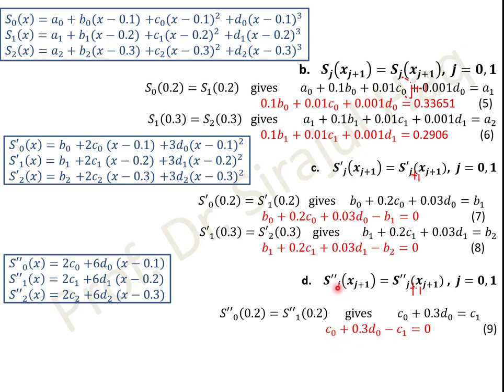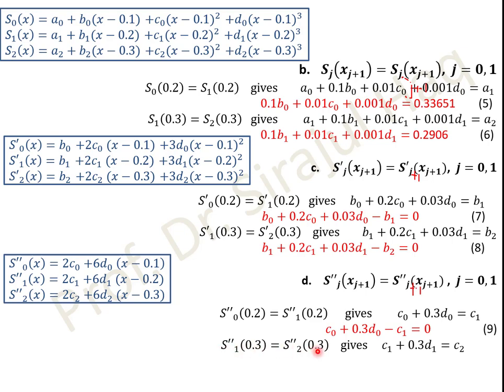Similarly, when we substitute j is equal to 1 in this expression, S1 double prime at x2 is equal to S2 double prime at x2, and x2 is 0.3, so you are getting this relation.